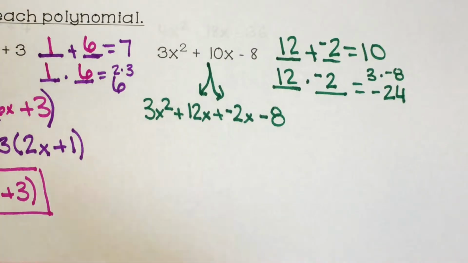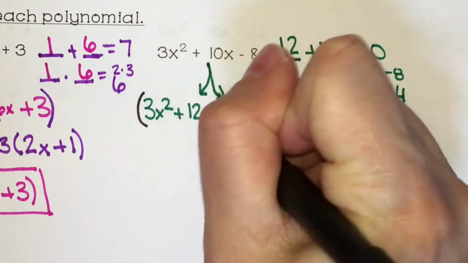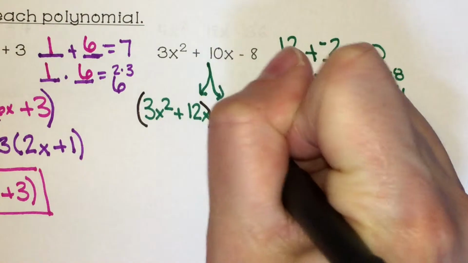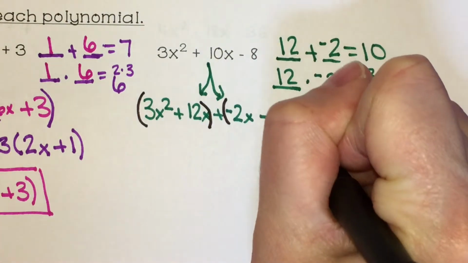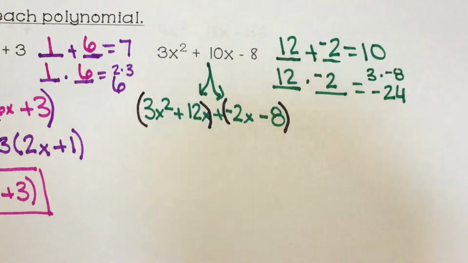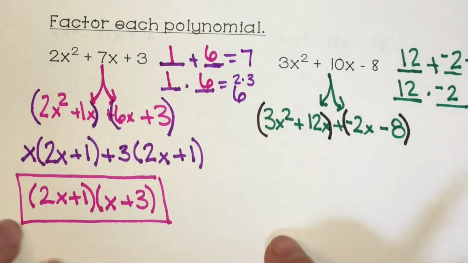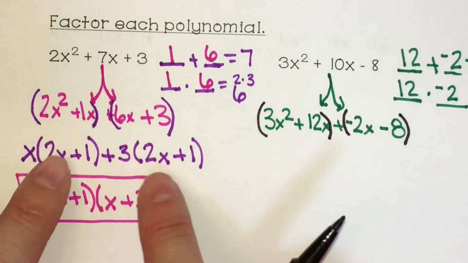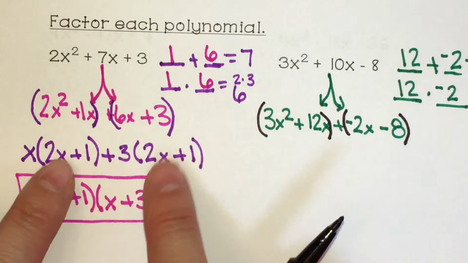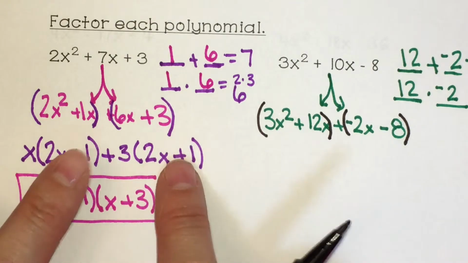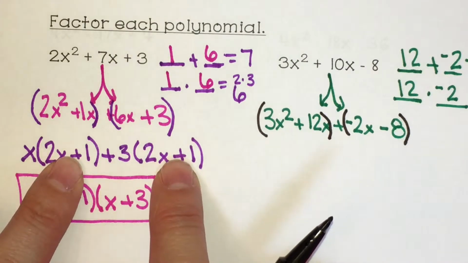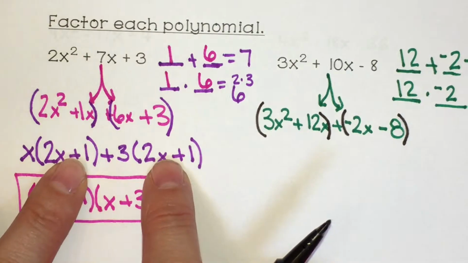So I'm going to put parentheses around my first two terms, plus is in the middle, then parentheses around my last two terms. So as you saw before, when I factored something out, what I was left with, I wanted it to be the same for both of these. It needs to be the same, whatever is left over in the parentheses.